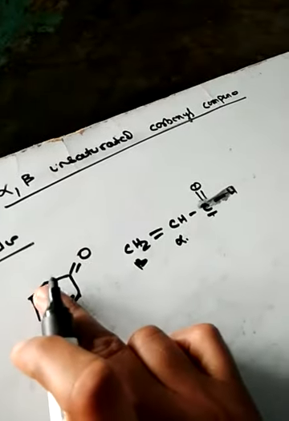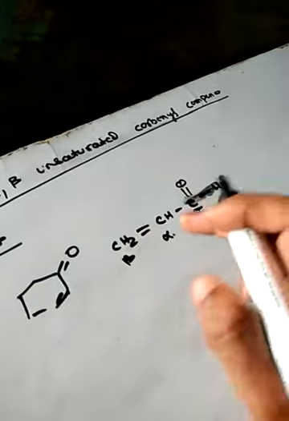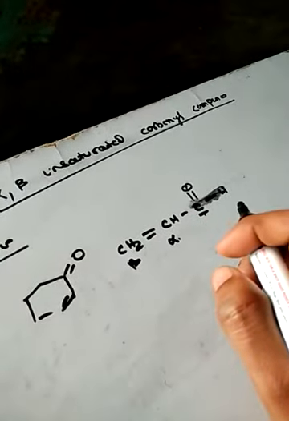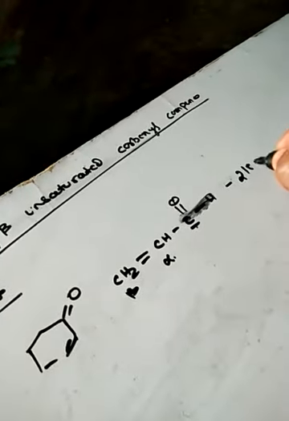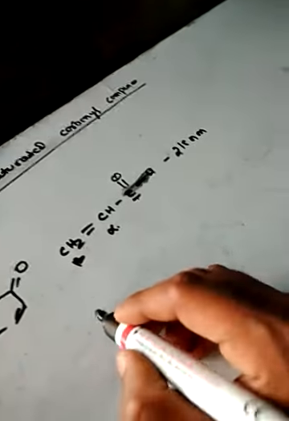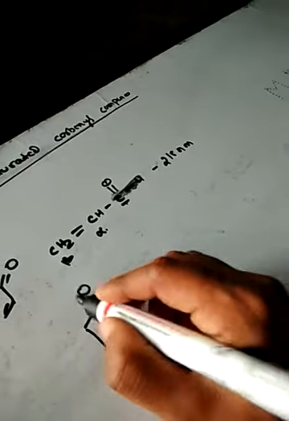In case of a cyclic six-membered ring ketone or acyclic parent enone, the basic value is 215 nanometers. In case of a five-membered enone, suppose this is our five-membered enone.